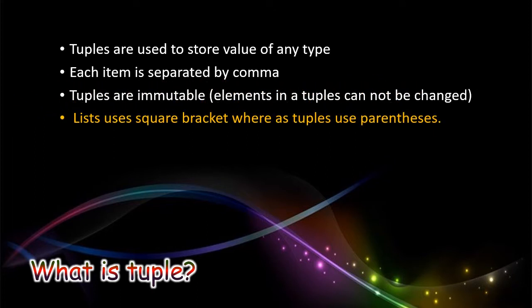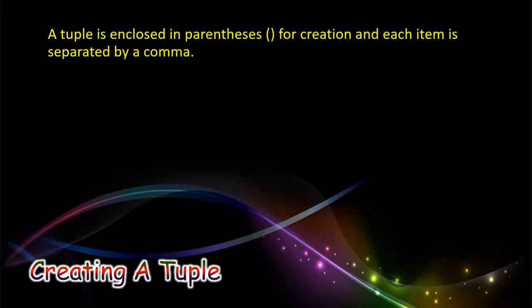List items are enclosed by square brackets, but tuple items are enclosed by parentheses. So we can create tuples enclosed by parentheses with each item separated by a comma. Let's see an example.